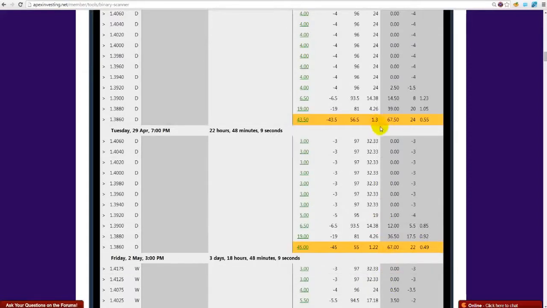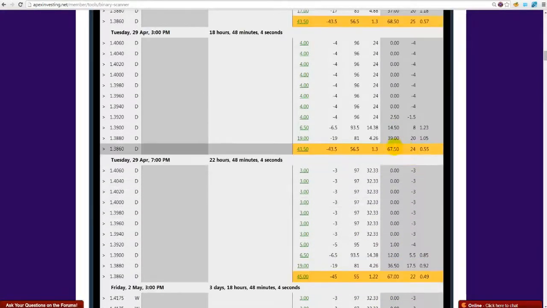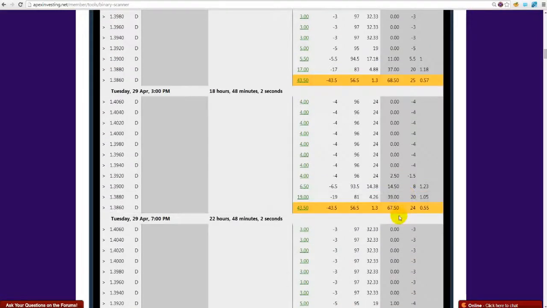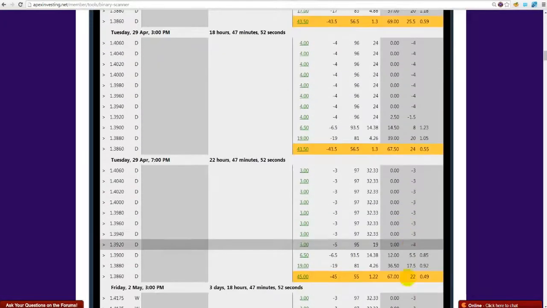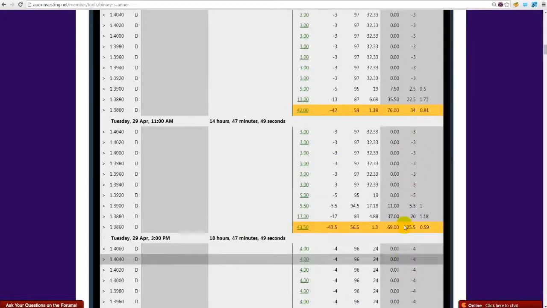If the market moved up 20 pips, it would still gain value because it is going to move faster. And look at this one right here, same price, basically the same profit, give or take $1, one more dollar here. But we're talking $22, $24, $25.